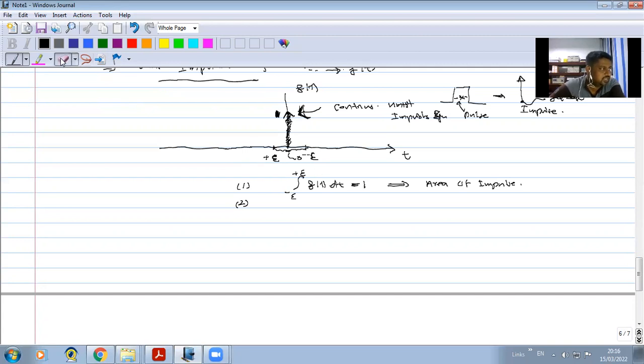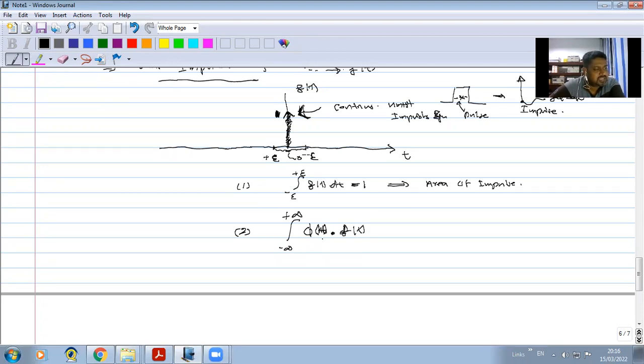This is one definition, and another definition is, if we have another function that may be from minus infinity to plus infinity, whatever the limit that function has, this minus to plus means the limit of this integral of 5t into delta t dt.